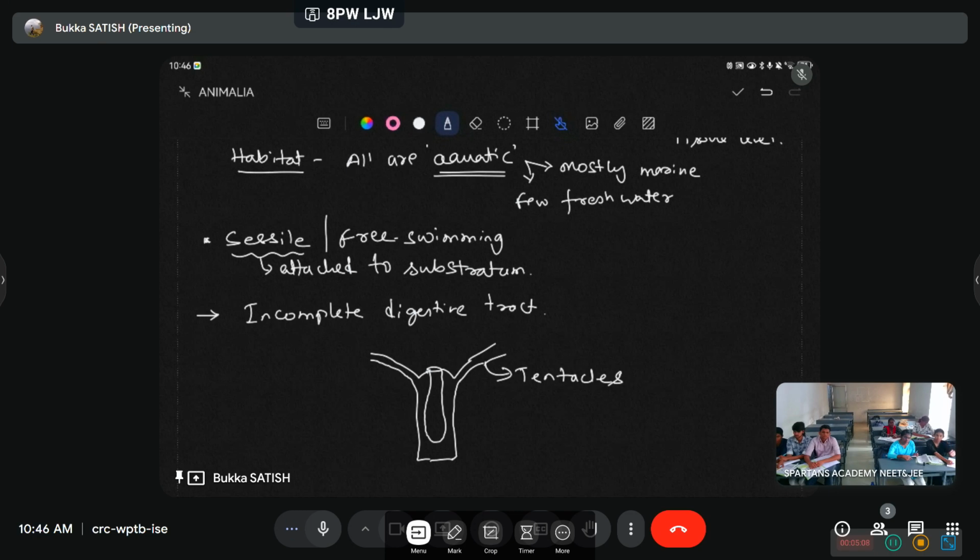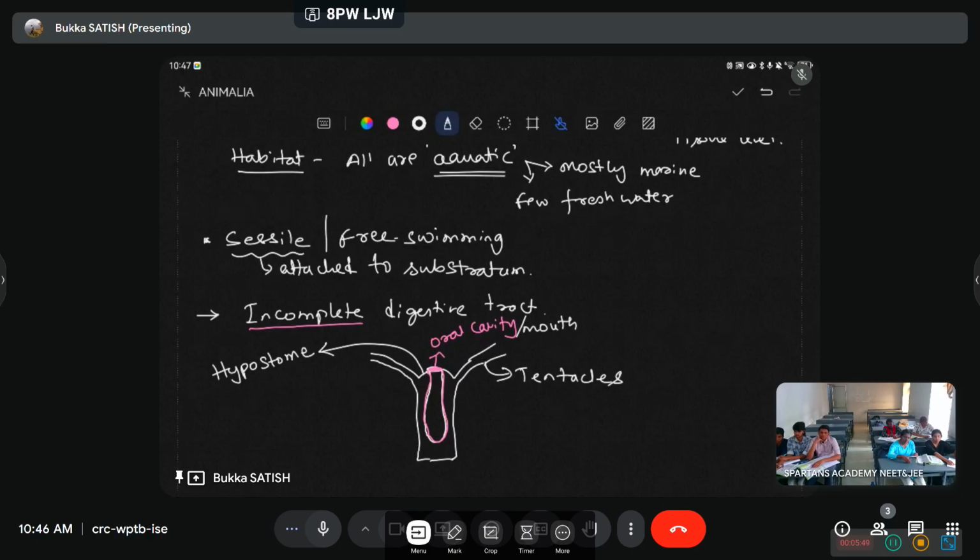On the top of it, there will be one opening, which is considered as a mouth, oral cavity. But if you see, the digestive tract is incomplete. So it is incomplete digestive tract. And this elevated structure on which the mouth is present, this is what we call hypostome.